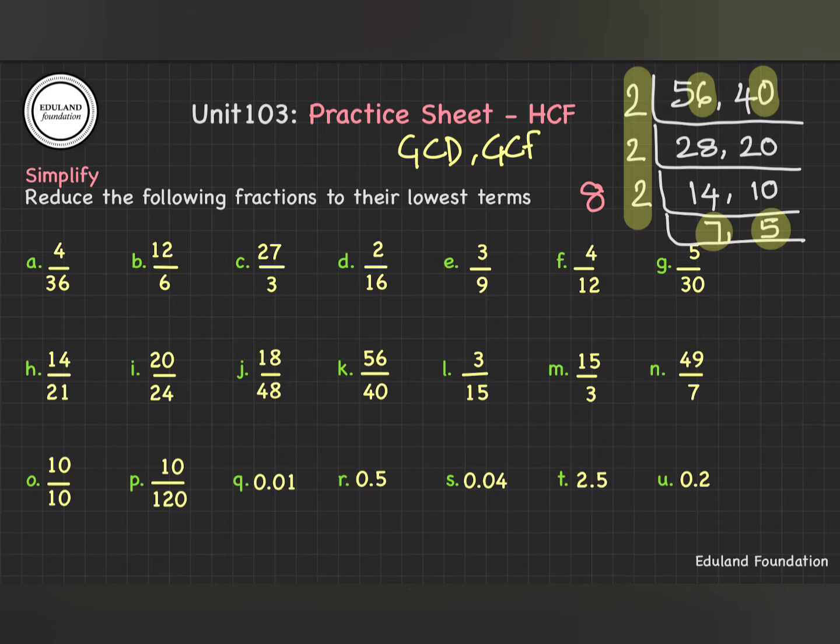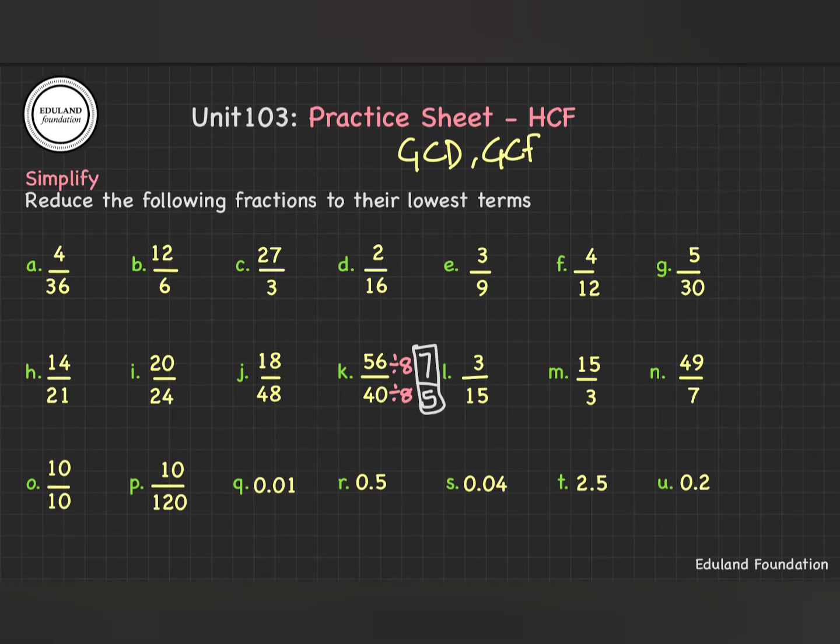So 7 and 5 are my terms here. When I divide this by 8, I get 7 by 5, which is my lowest term.